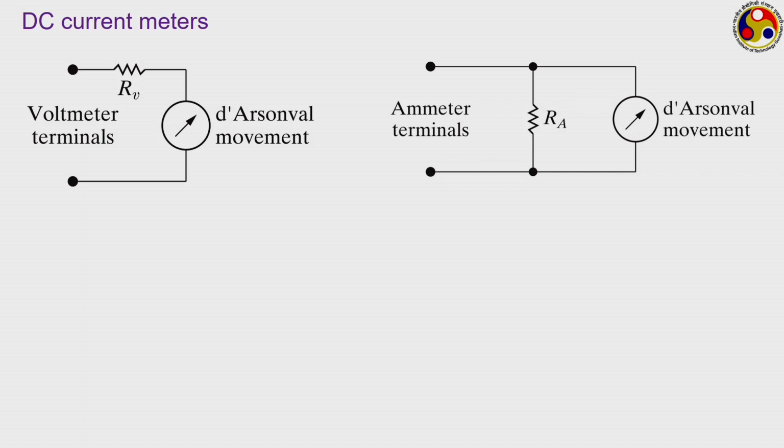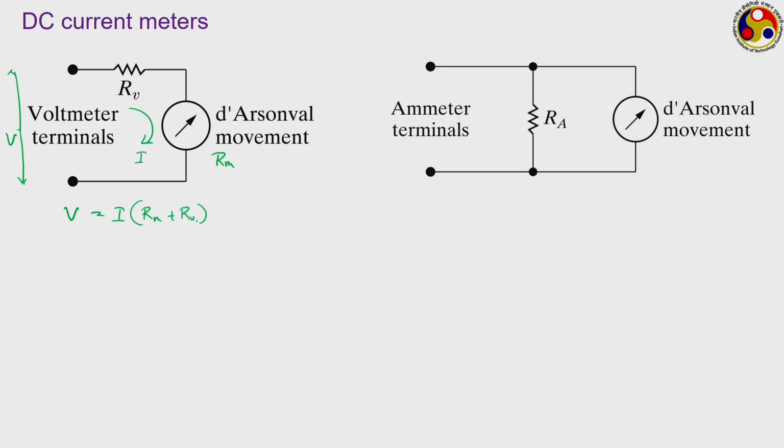So, if we talk about the voltmeter, let us say the meter resistance itself is Rm and the current flowing through this circuit is I, then if the voltage available across this terminal is V, we can easily write V is equal to I into Rm plus Rv.